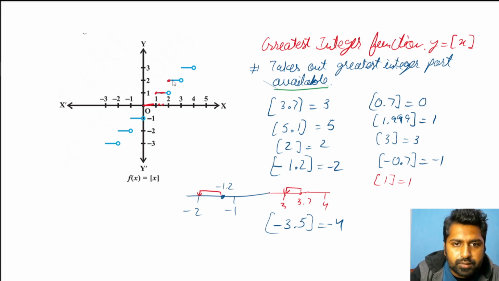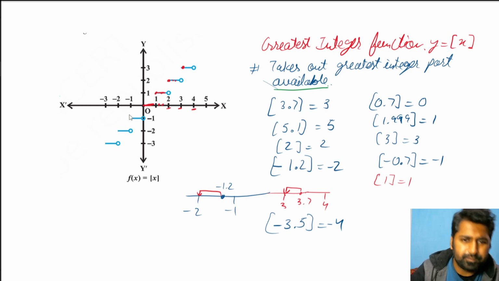Then again 2.1, 2, 2.2, 2, 2.9999, again 2. But at exactly 3, it will again jump to 3. So the jumping is there whenever there is an integer. A jump of 1 step is there whenever there is an integer, and the same pattern is followed in the negative also. So if you look at this pattern, you can see it is looking like a staircase.